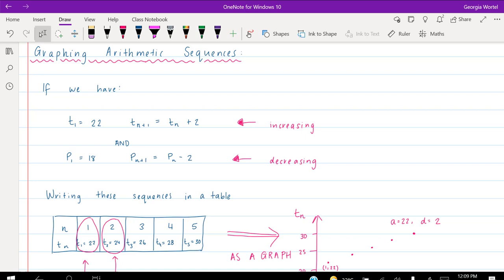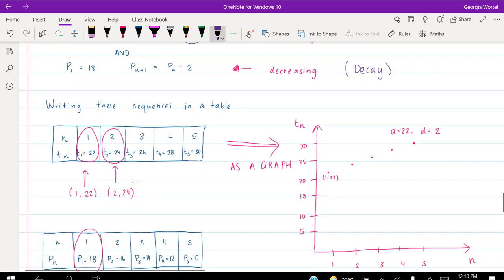If you're adding a negative number, minusing a number off every single time, you would assume that your graph's going to go down. So that means you've got a decay. So when something's decaying, it's getting smaller, or it's decreasing. So in the case that something's got a positive increase, you'll see a growth, and a decrease is a decay.